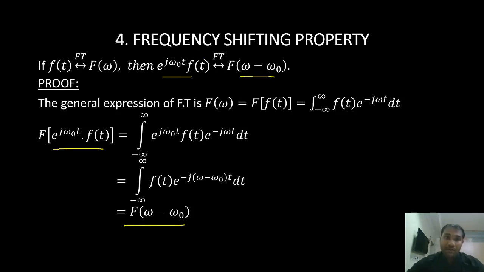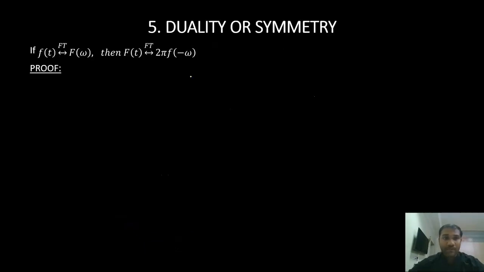If there is a shift in one domain, there will be a corresponding phase shift in the other domain. So this is the end of the frequency shifting property. So far we have seen linearity property, time scaling property, time shifting, and frequency shifting. The next one is duality or symmetry.